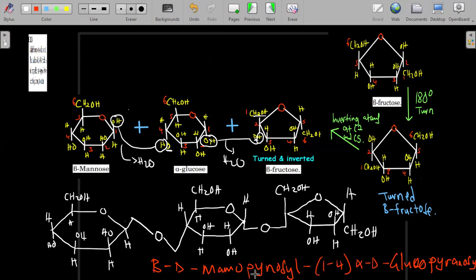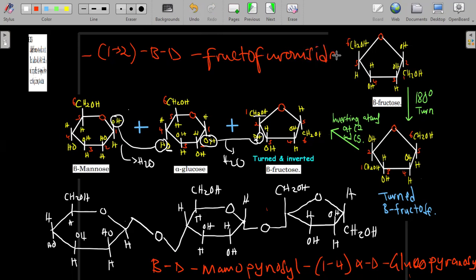beta D mannopyranosyl 1 to 4 alpha D glucopyranosyl, and then this glucopyranosyl, which is this guy here, is connected to this beta fructose by a 1 to 2, and then I have the beta D fructofuranoside.